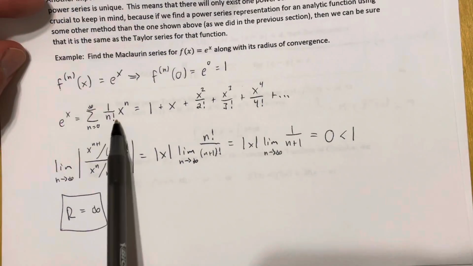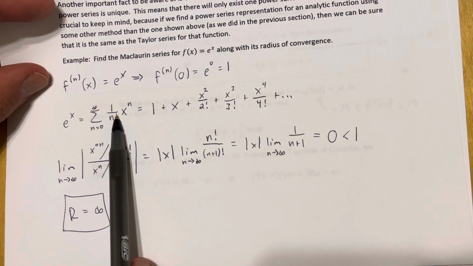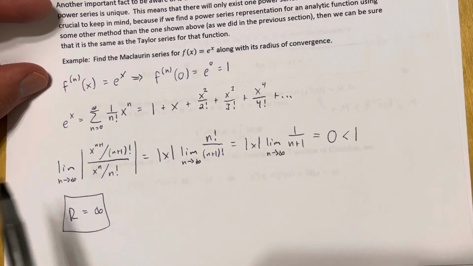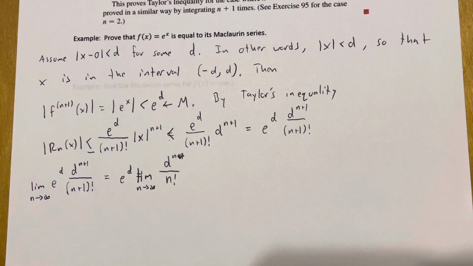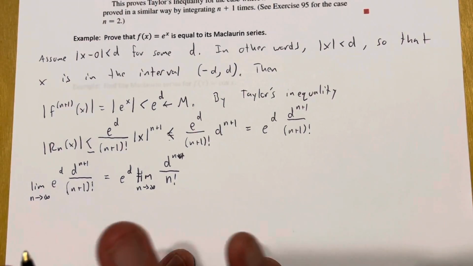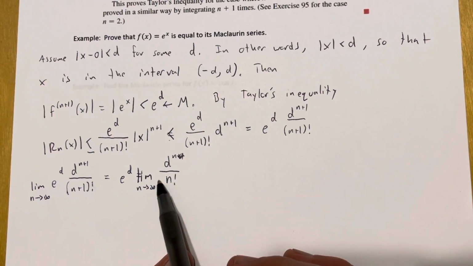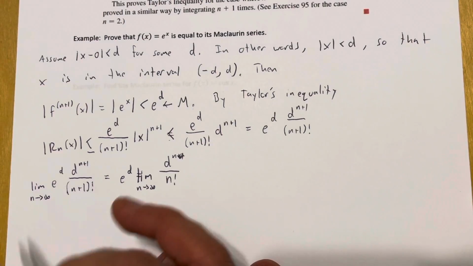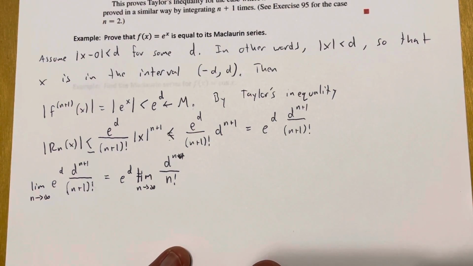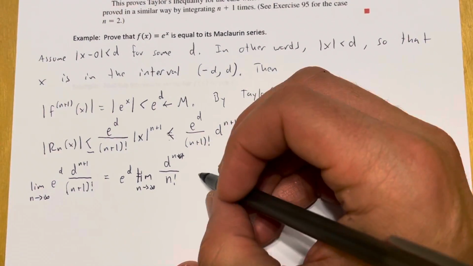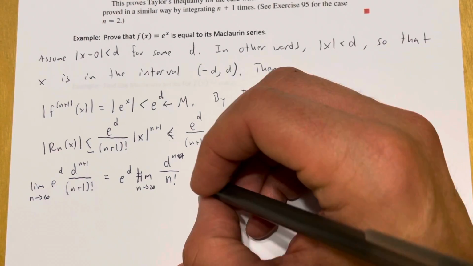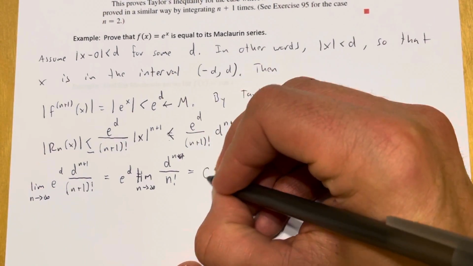But the fact that this series converges means that its sequence of terms has to go to 0. Remember, that's our divergence test from way back earlier in this chapter. So using that, we know that this limit has to go to 0. Otherwise, that power series for e to the x wouldn't converge on an infinite radius of convergence. So this has to go to 0.